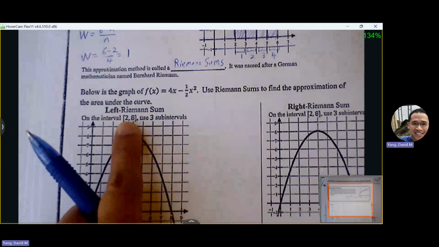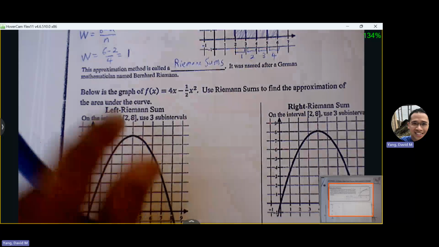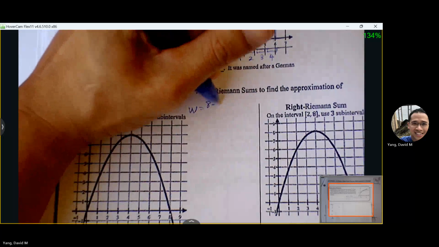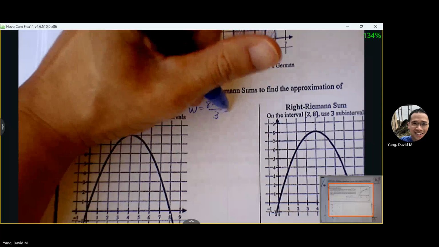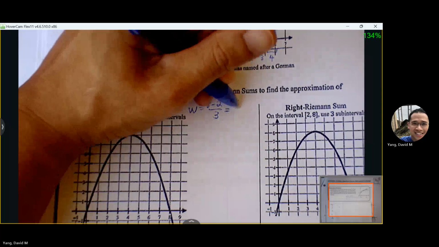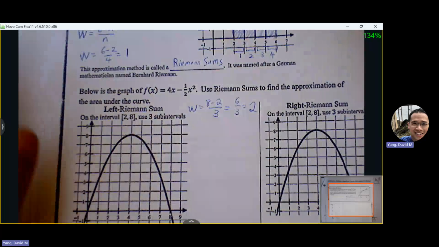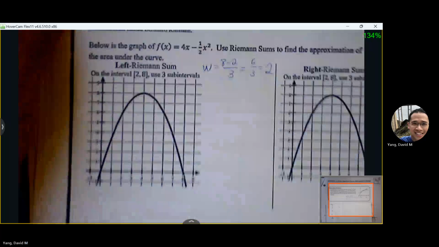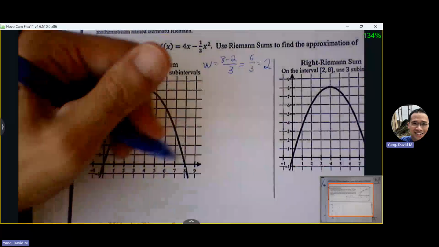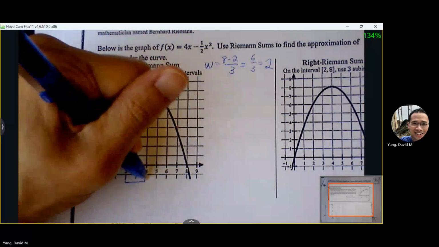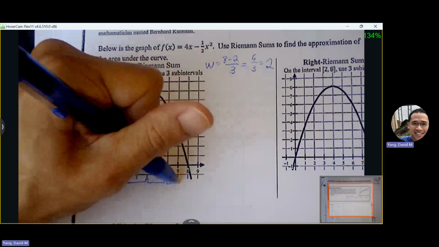Okay, so first we want to find the width. So width is b minus a over n. So the width of each subinterval is going to be 2. So we're starting at 2, and we're going all the way to 8. So 2 to 4, 4 to 6, and 6 to 8.